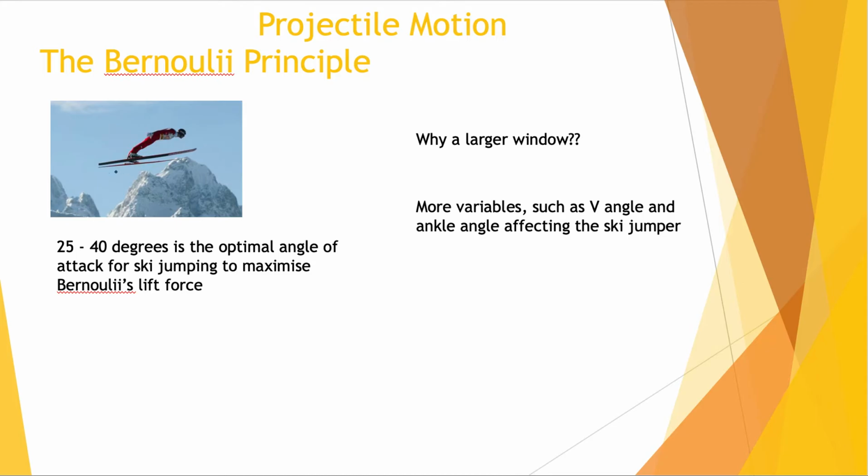The V angle is how they hold their skis. They also have this ankle angle here, and so there are lots of variables with a ski jumper. Some ski jumpers use a wider V angle, and that's going to affect the aerodynamics. Some ski jumpers use a smaller or a bigger angle at the ankle, and that affects the aerodynamics.